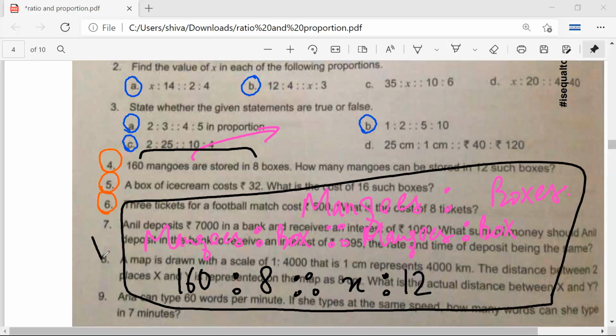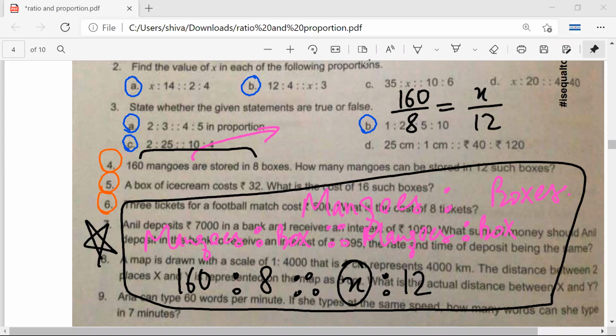Mr. Satya, can you note this down and then find the answer? Just use this process and find the answer. Yes, sir. What would be the answer? 240. How do you find that? So I did the cross multiplication. So I got 12 into 160.